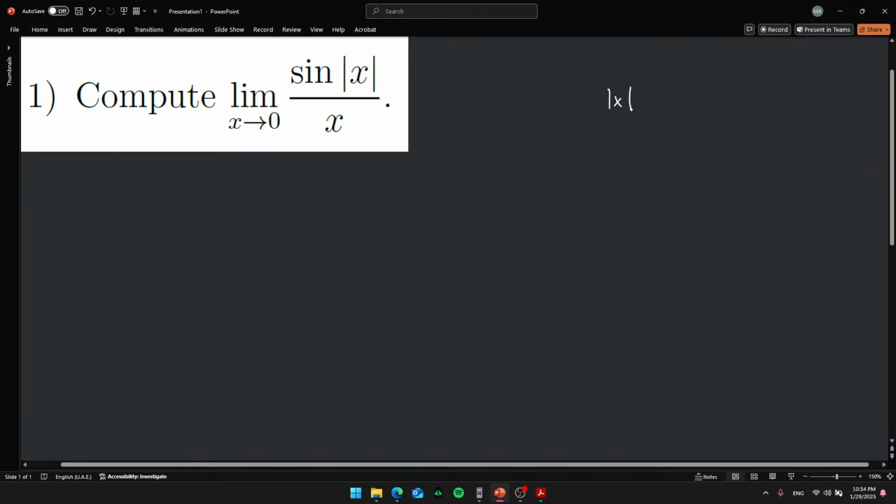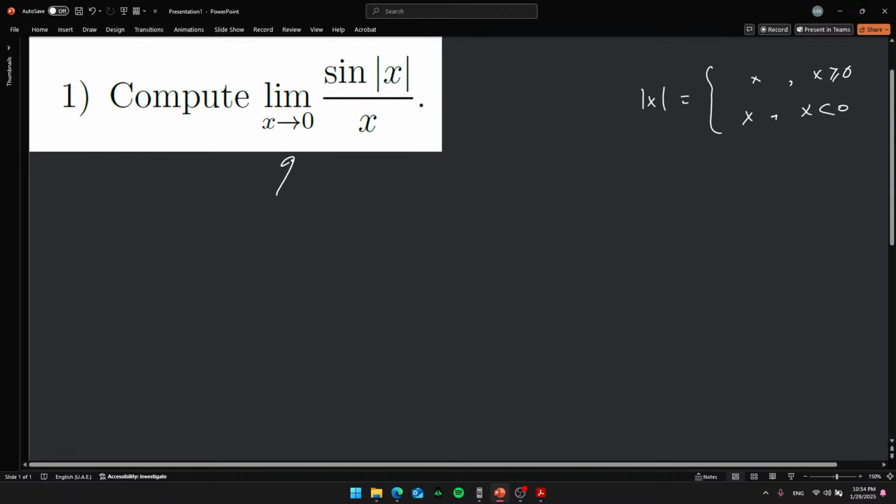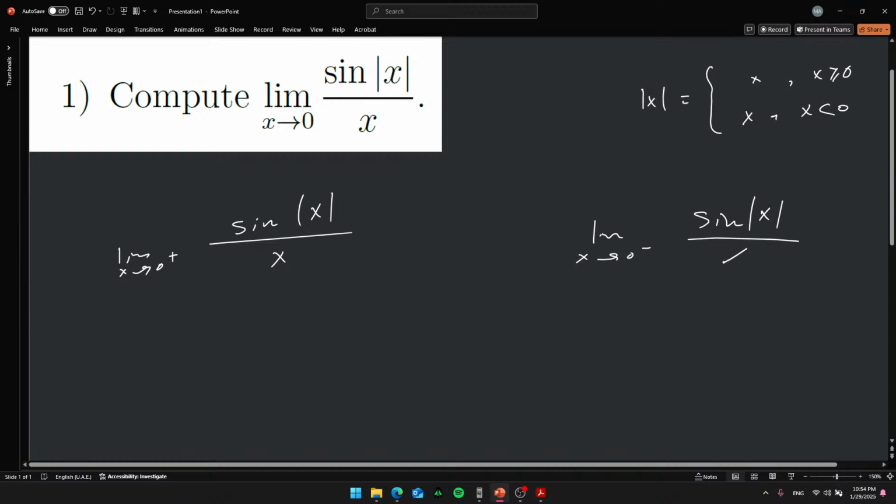So let's define the absolute value of x as x when x is greater than or equal to 0, and negative x when x is less than 0. Now he's asking in general, so we have to check both the positive side and negative side, from the right and left. Sine x over x.